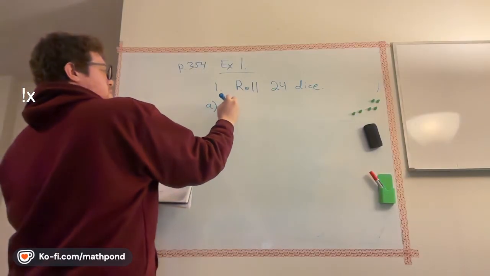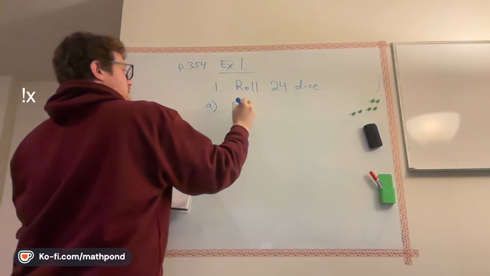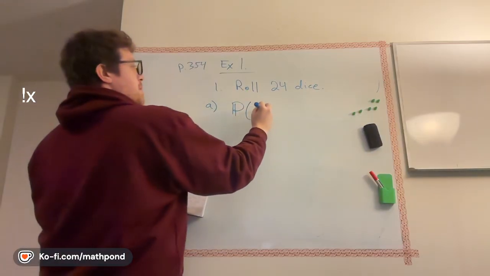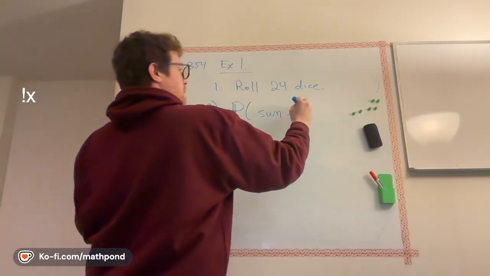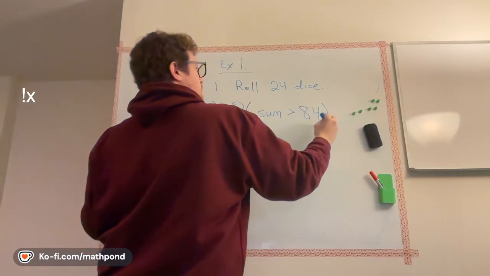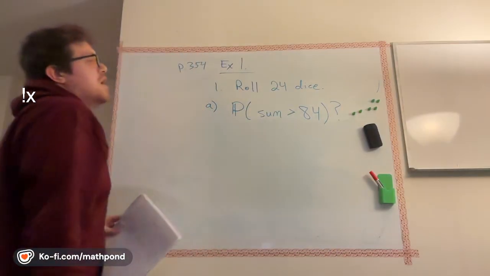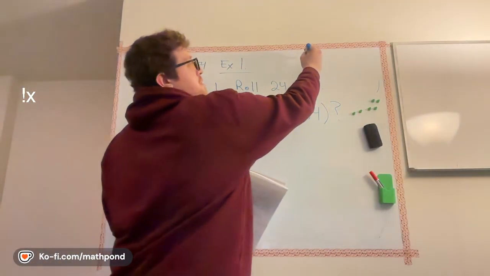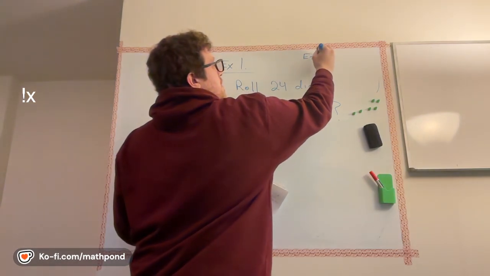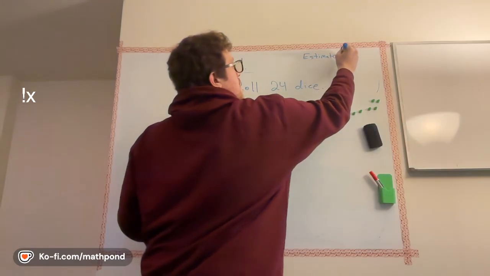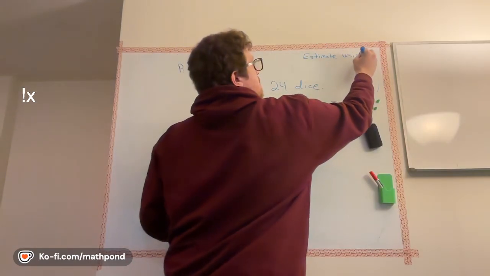And A asks, what's the probability that the sum of the dice is greater than 84? And what we're doing here in these problems is we want to estimate using the normal distribution.